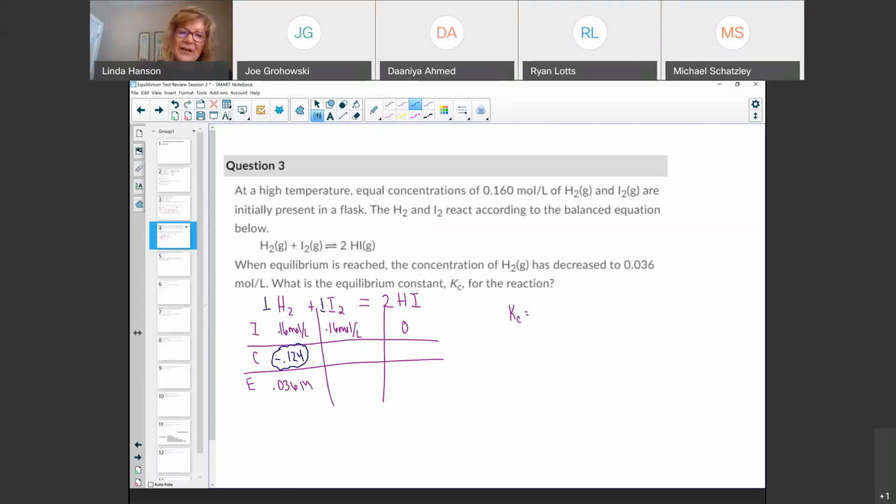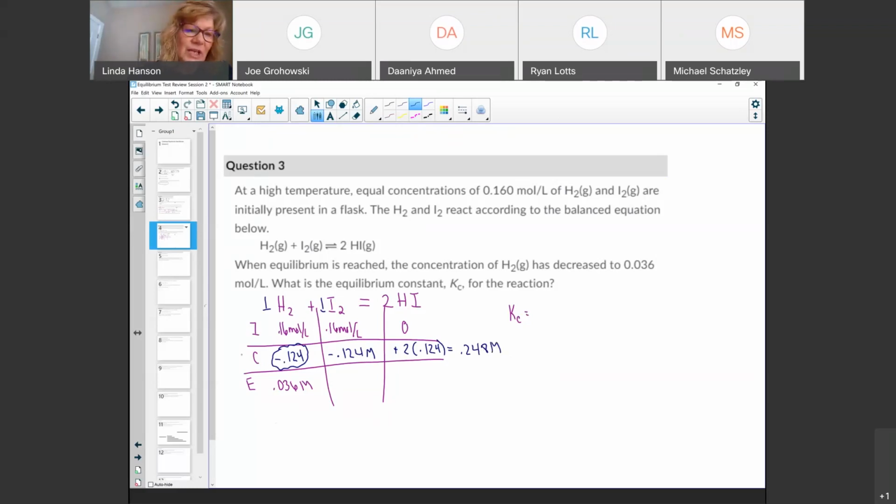So for every 1 mole of hydrogen consumed, the same number of moles of iodine are consumed. So now I also know that iodine was consumed by 0.124 molar. And what I can determine here for the HI, based on the stoichiometry, twice as much HI gets produced, which if I double that comes out to 0.248 molar units.